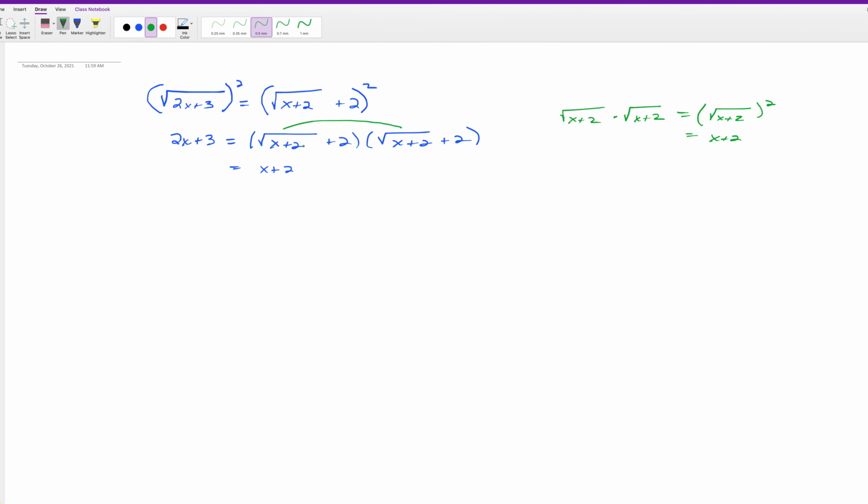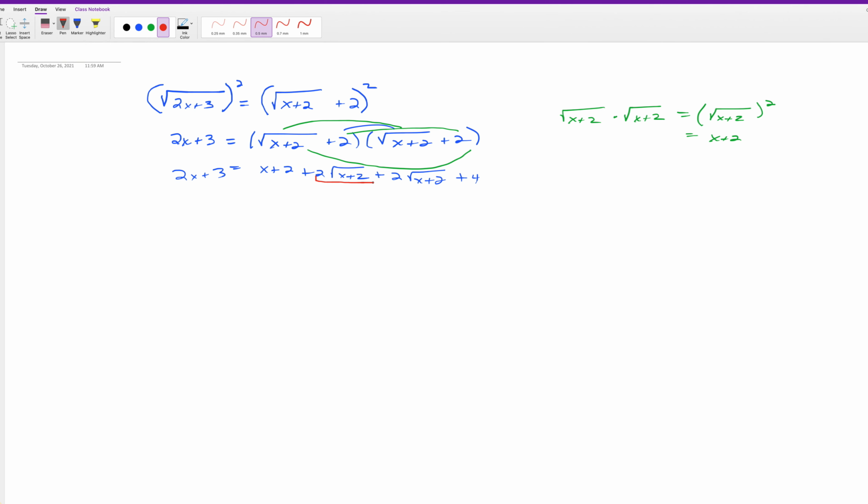Okay, so next, outer. So now I have 2 root x plus 2, so plus 2 root x plus 2. Inside, I get the same thing, plus 2 times root x plus 2. And then last, 2 times 2 is 4. Okay, so that was foiling that out. Now I'm going to take a step back and collect like terms, see what I can do here.